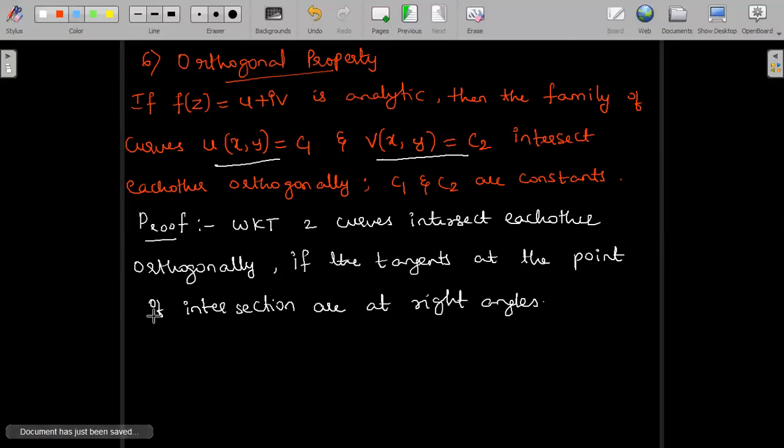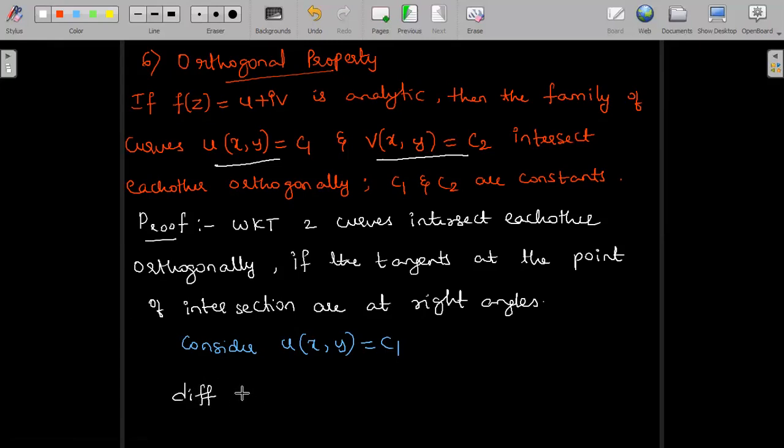Okay, so consider the first curve. Consider u of x comma y is equal to c1. This is the first curve given for us, no? Now we differentiate this with respect to x, treating y as a function of x.